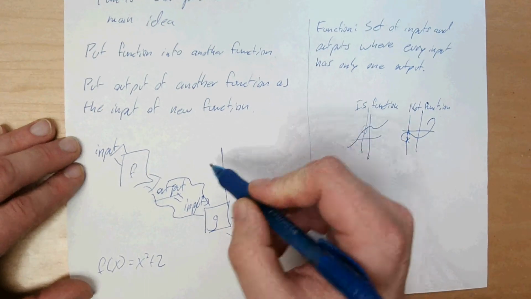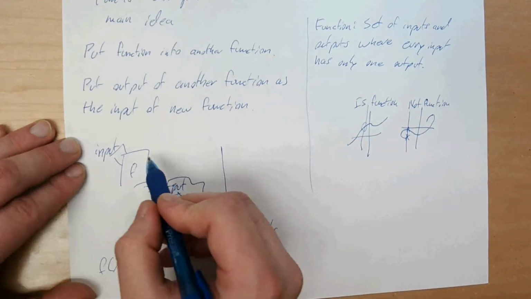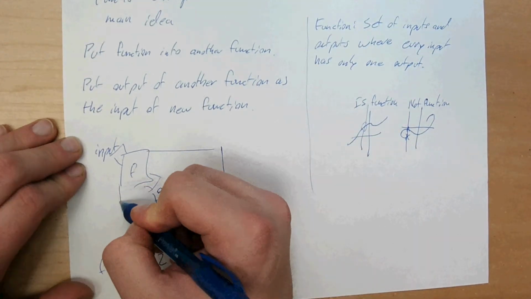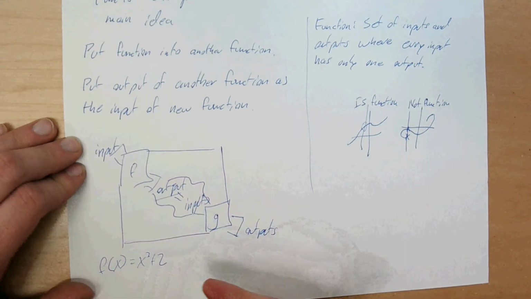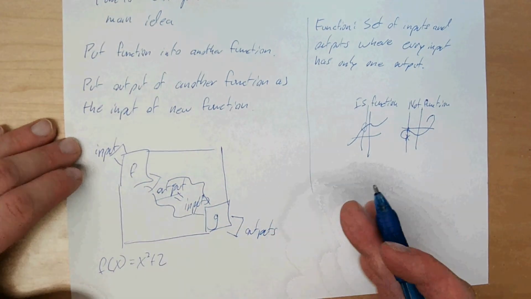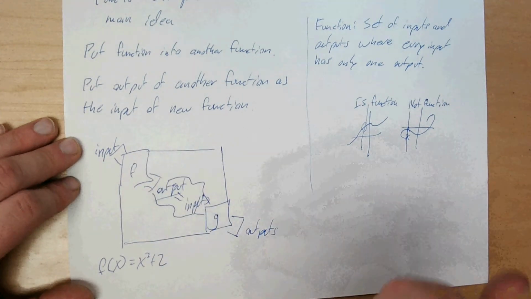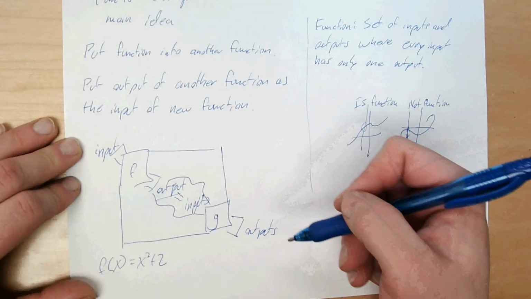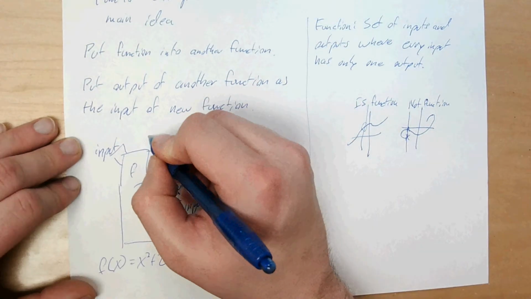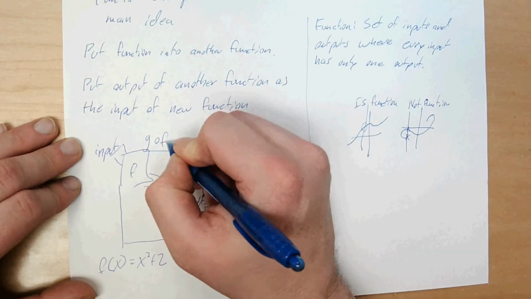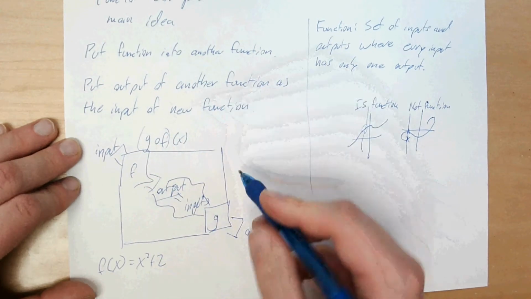And now instead of thinking about this as two functions, we can think about it as one big function. Instead of thinking about f and g individually, which we might do in order to figure out what inputs are going to give us specific outputs, if I just wanted to put a container on this, not care about what happens in the middle, this is now a new function composed of f and g, and in particular it's g composed with f of x.